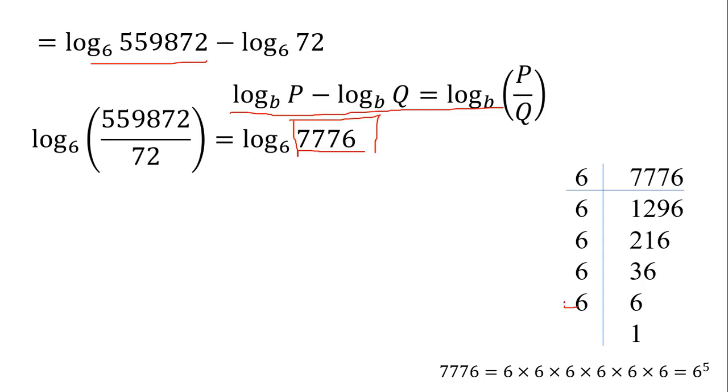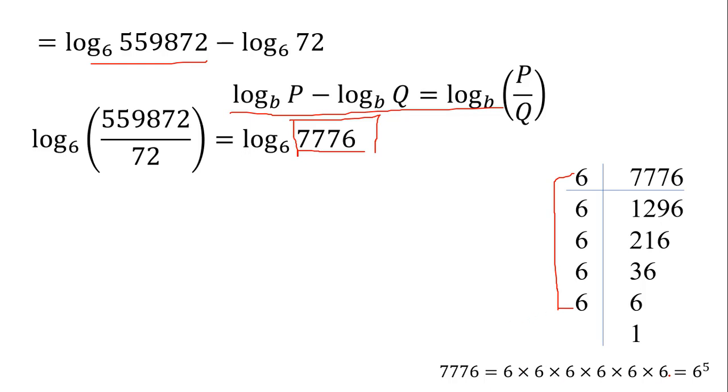So I'm having 6 times 6 times 6 times 6 times 6. If I multiply this result, I'm going to have 7,776.